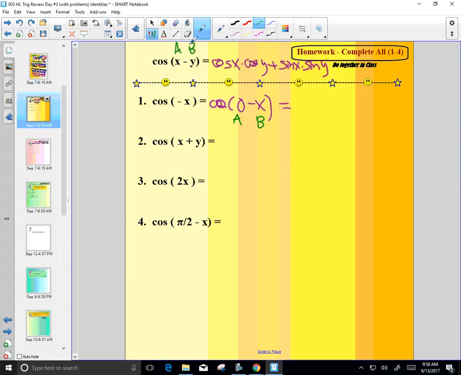But I'll let you figure that one out. And then for this one, it's the cosine of x minus negative y. So this is kind of your A and this is your B. So those are the things you're going to need to know, and I'll let you creatively figure out these other ones.